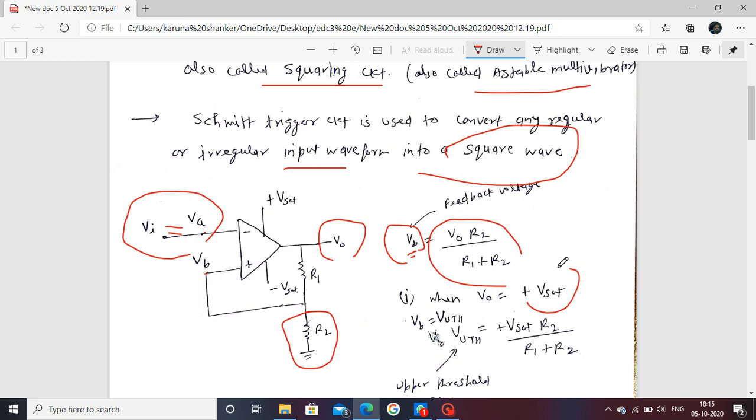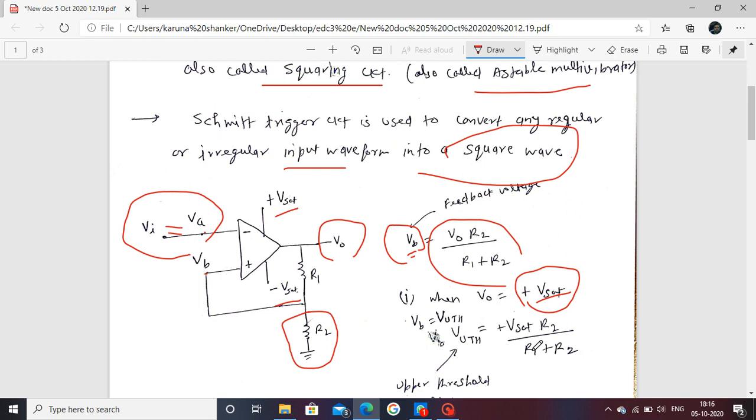Now this feedback voltage depends on your output voltage, for example when the output voltage is plus V sat. Plus V sat means the positive saturation voltage, and minus V sat the negative saturation voltage. These are the supply voltages of the op-amp, one positive and one negative. Suppose the output is the maximum saturation voltage. Now we put this output voltage in this equation.